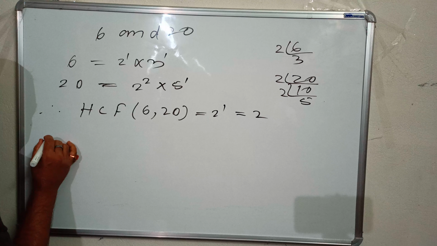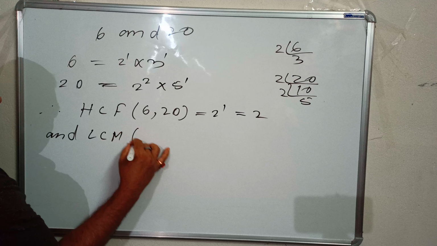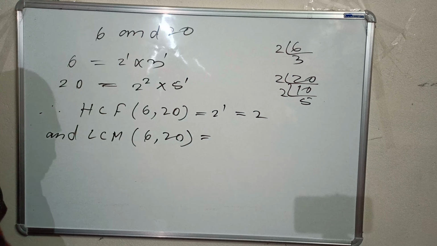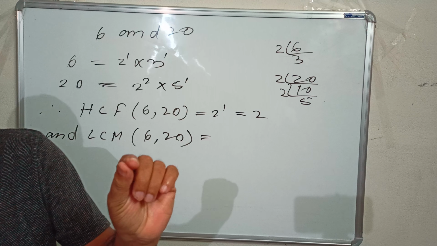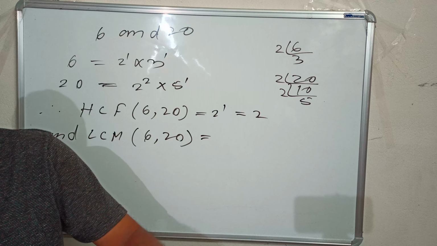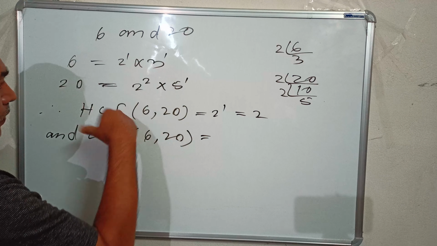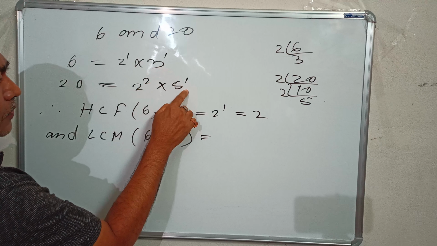Then LCM. LCM of 6 and 20: remember the process, product of the greatest power of each prime factor. Here the prime factors in both numbers are 2, 3 and 5.